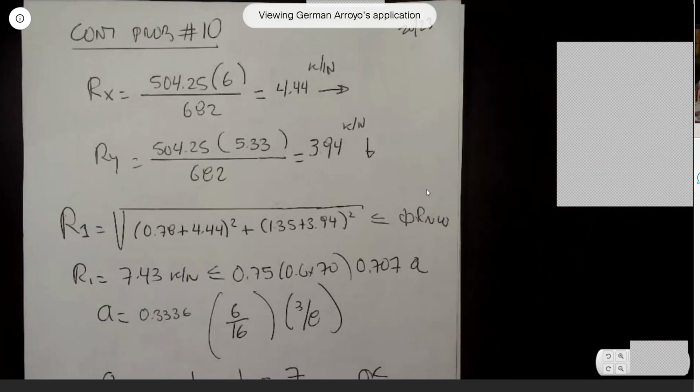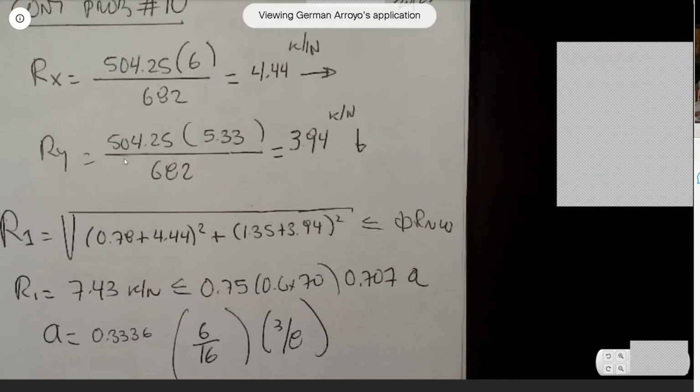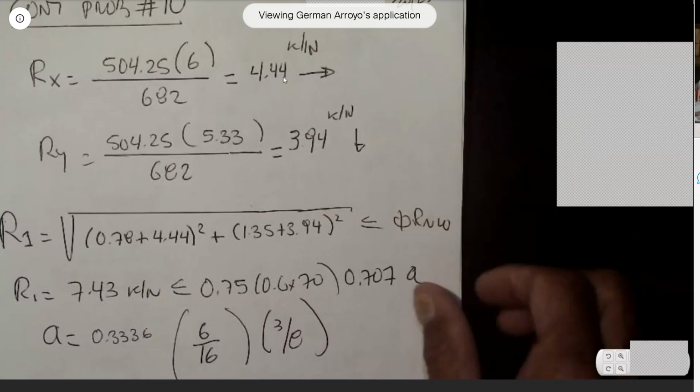So the component in Y, I was saying it is the moment, the same moment. This is the X distance and the I sub X plus I sub Y. So the resultant in one is all the components in X, you can see have 4.44 in here.